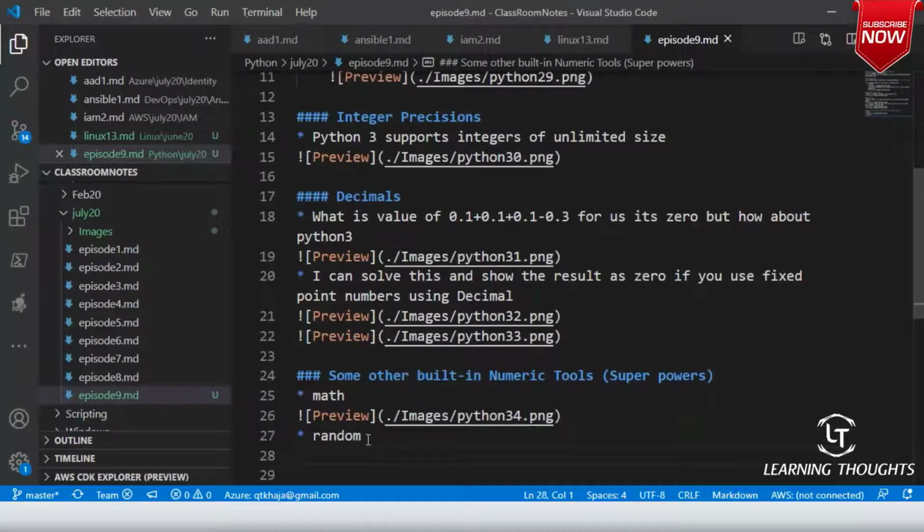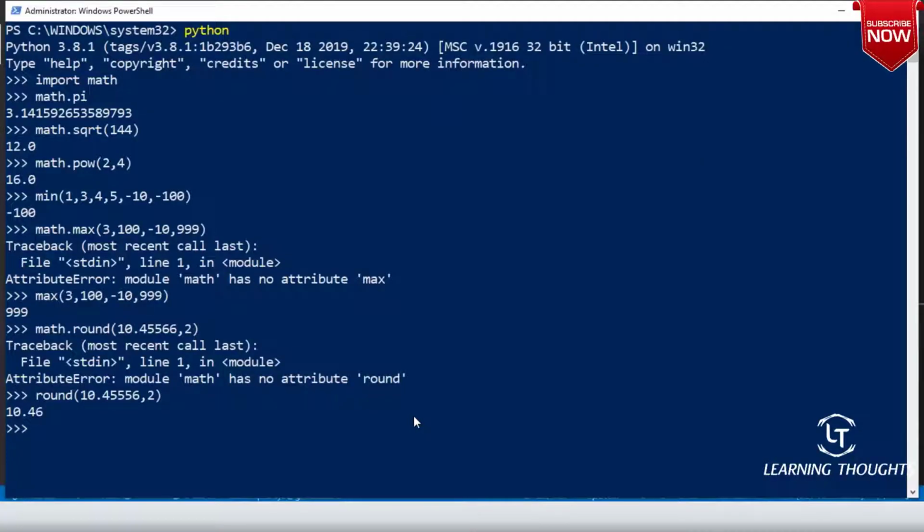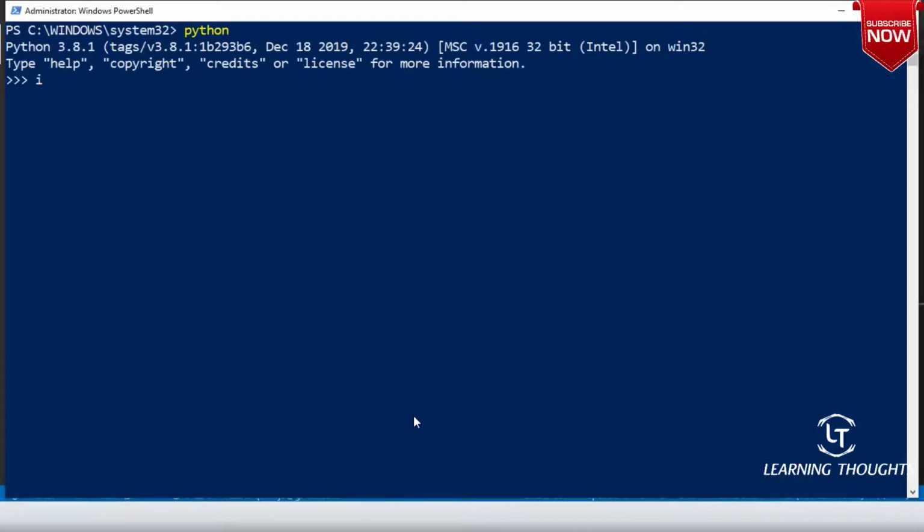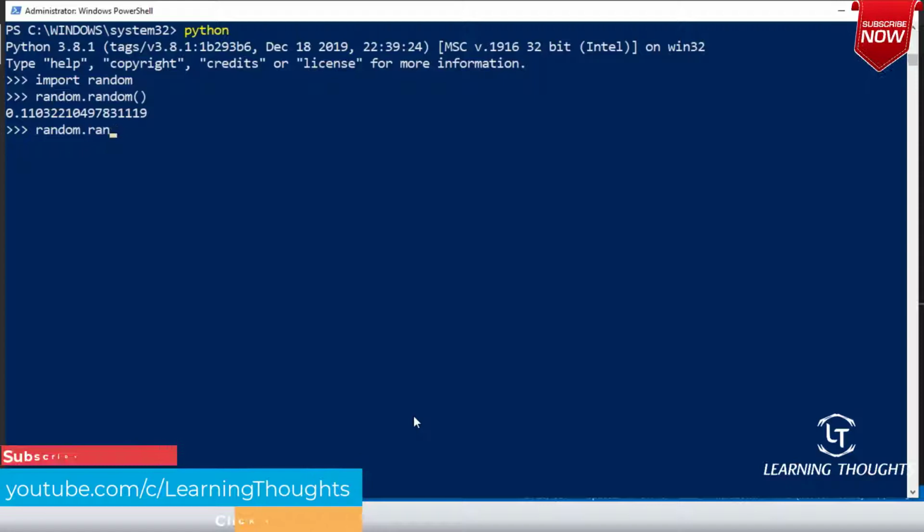Let me try to show some experiments with random. In Python, import random. And then I'm trying to tell that random dot, give me some random number, or random integer, sorry, in between 1 to 100.